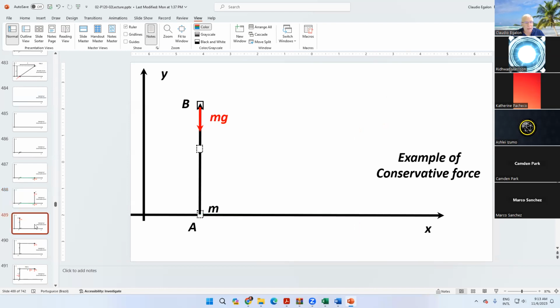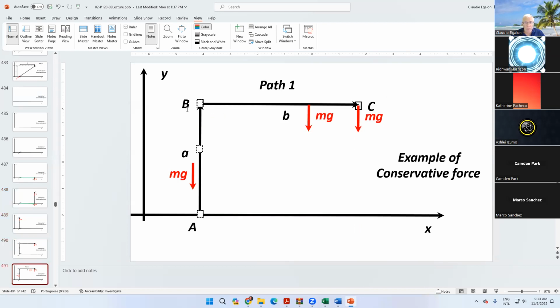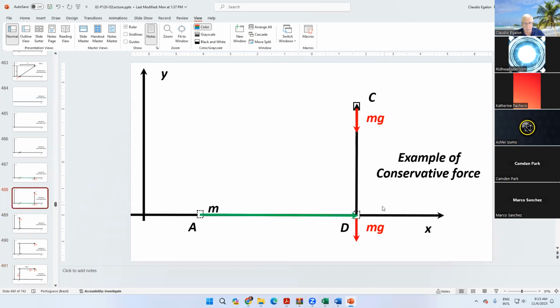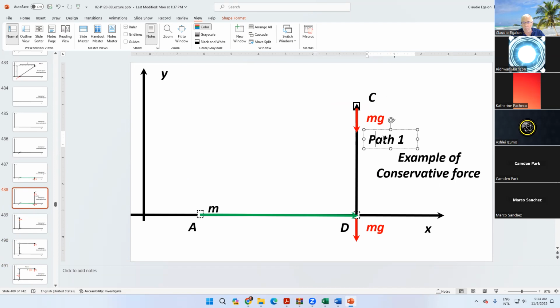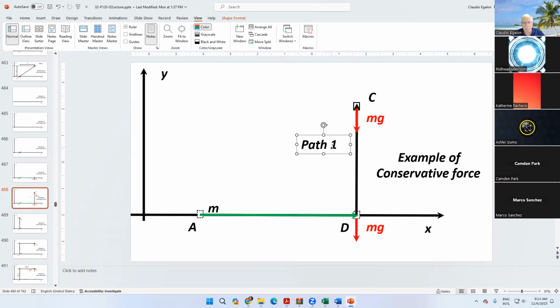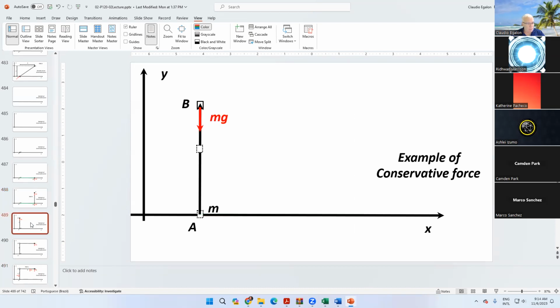And I'm going to call that path 2. Example of conservative force. Two different paths that take us to the same point.